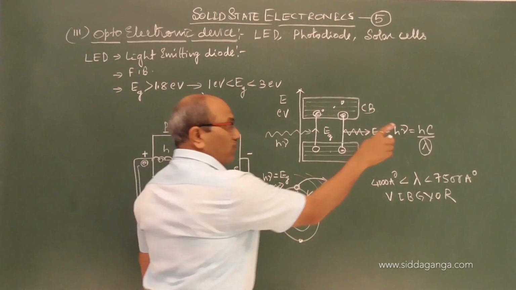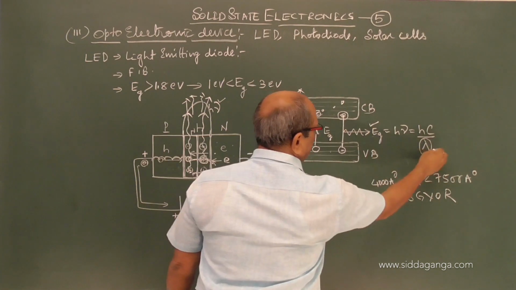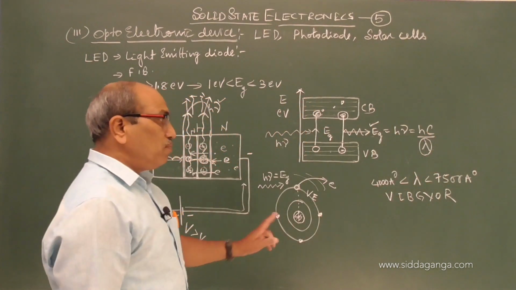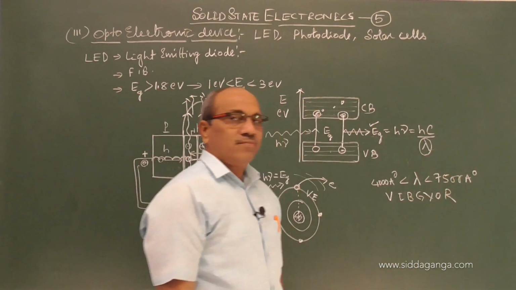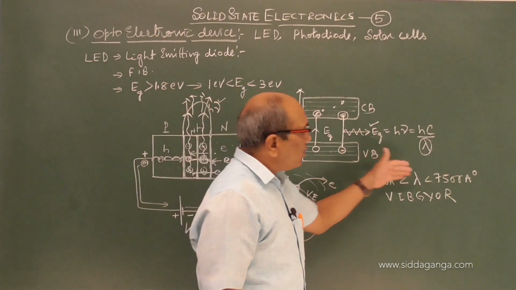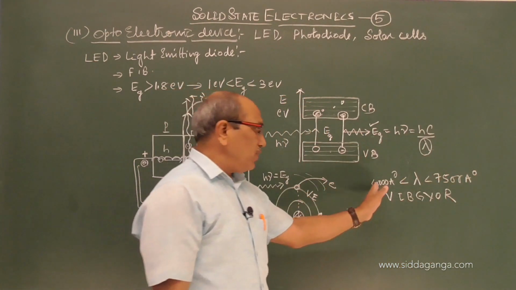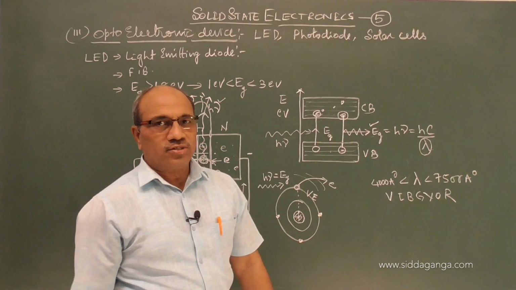Provided the wavelength of the radiation emitted is in this range, we will get the light. If the wavelength is longer than 7500, we will get infrared. If it is less than that, we will get UV light.